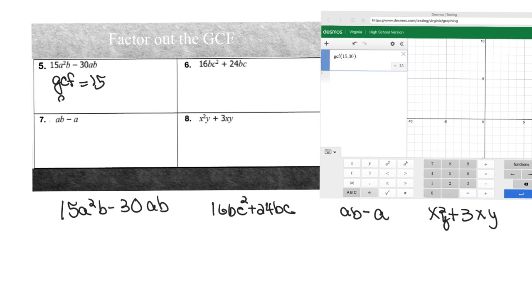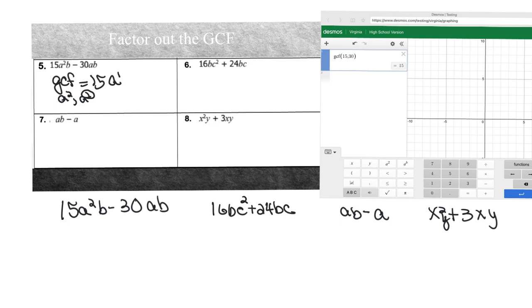We have a squared, and we have a to the first power. The GCF of variables is going to be the smallest degree of that variable. Therefore, since 1 is smaller, I'm going to put a to the first power in my GCF.